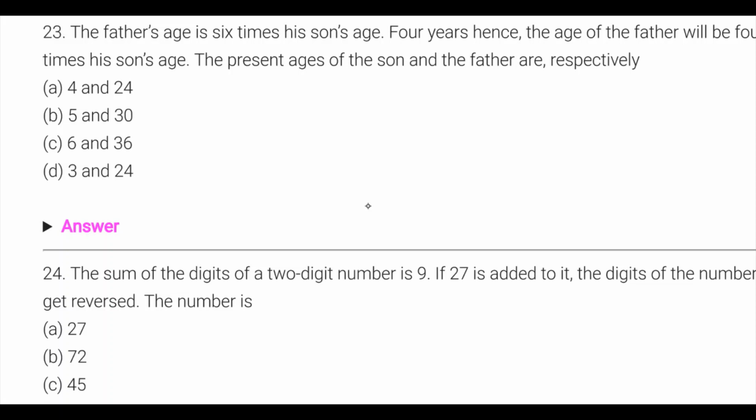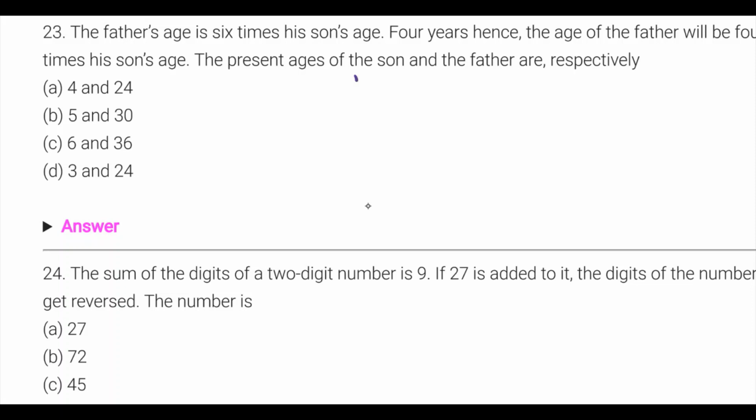Third question. The father's age is 6 times his son's age. 4 years hence, the age of the father will be 4 times his son's age. The present ages of the son and the father are respectively. For the ages problem, I'll recommend a method to avoid confusion and making mistakes.